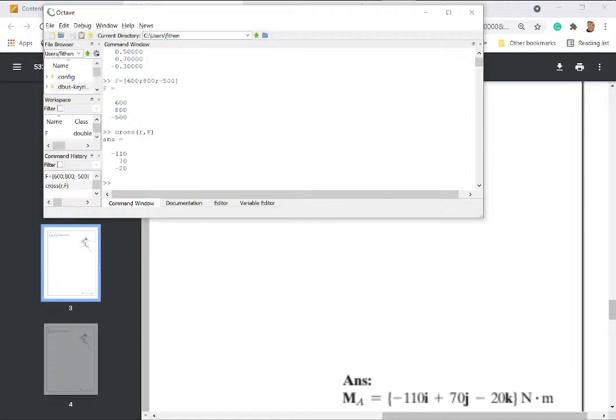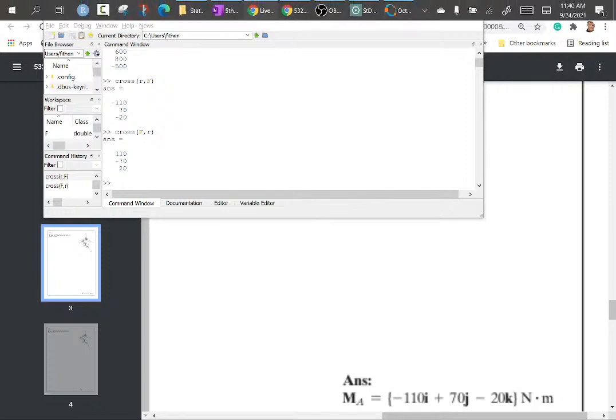So in fact, let's try something interesting too. Let's do this. Cross of FR. Turns out they are exact opposite of each other. So R cross F is what you do here. F cross R is not what you do. And they don't become the same thing. So you have to be careful of that.